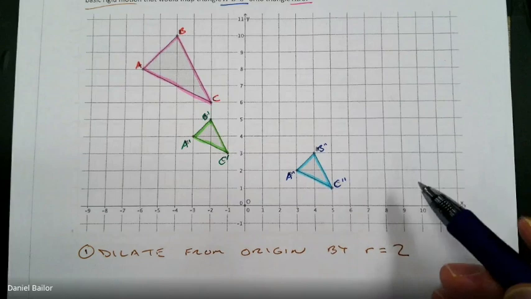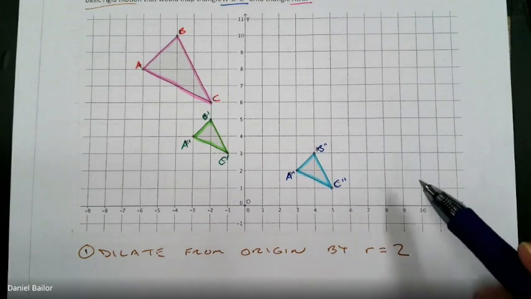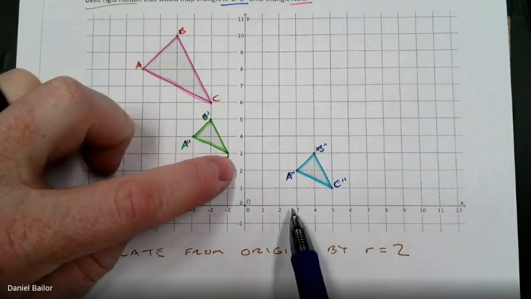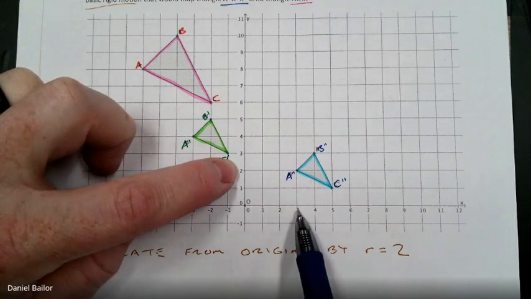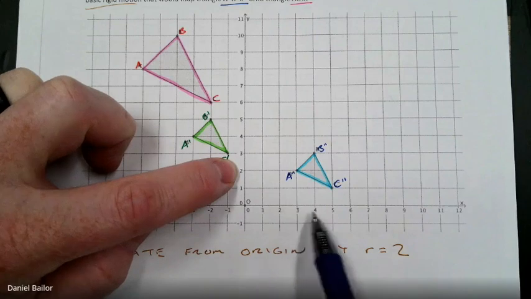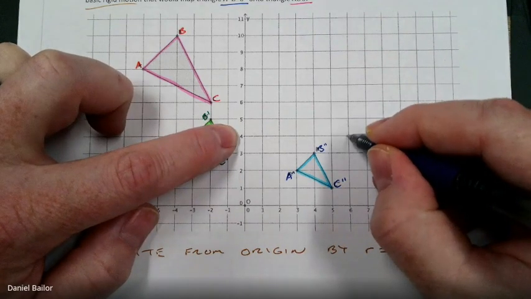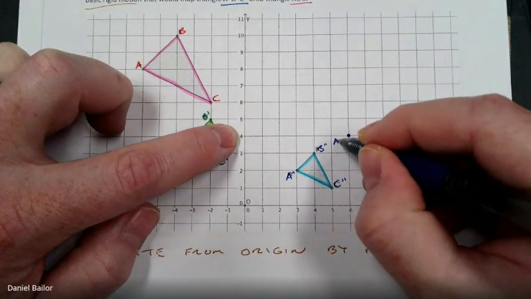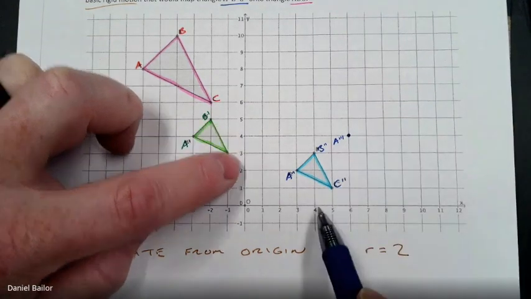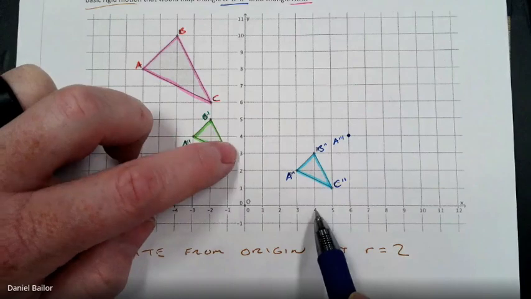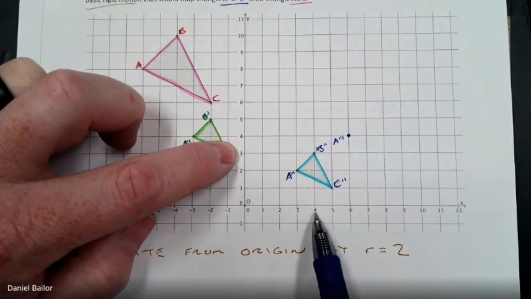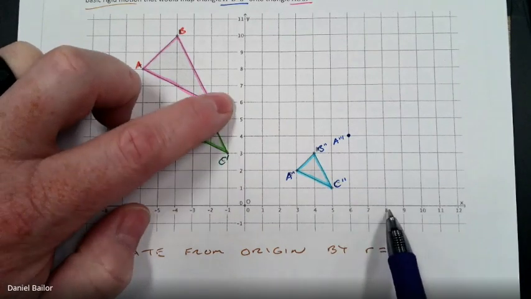So let's double all the coordinates. A double prime is 3, 2. So the new one is going to be 3 times 2 is 6, 2 times 2 is 4. So A triple prime is going to be right there. B is 4 and 3. So 4 times 2 is 8, 3 times 2 is 6.